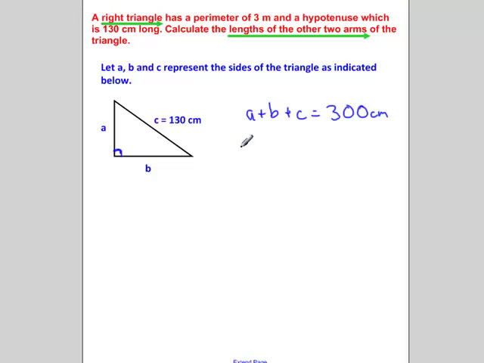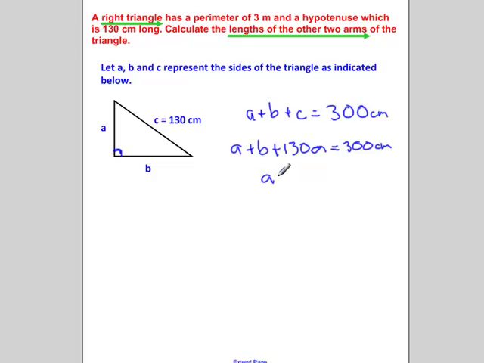So on my next line I'll write A plus B plus 130 centimeters is equal to 300 centimeters. Pardon my ugly writing. I'm going to simplify this a bit.